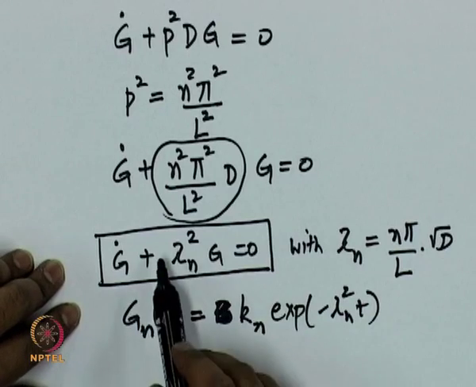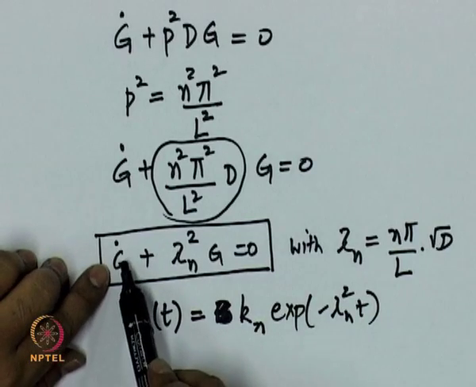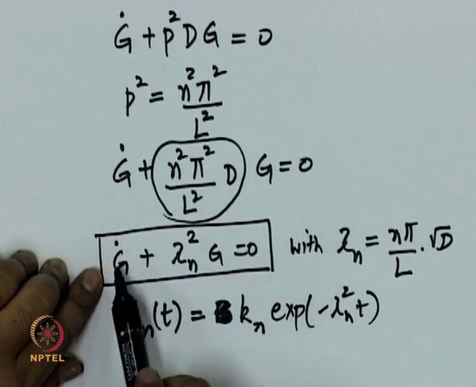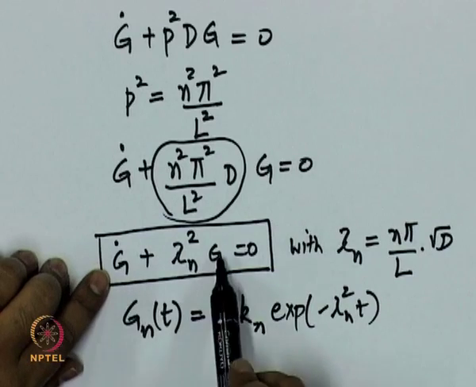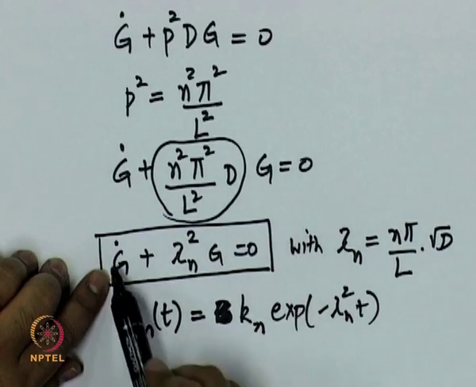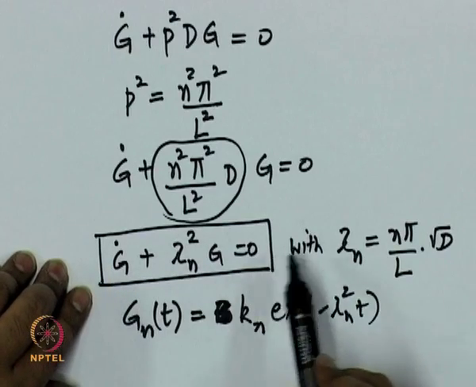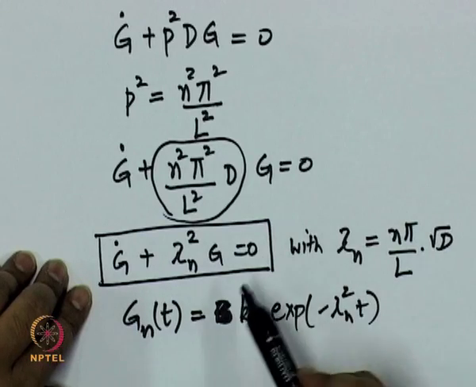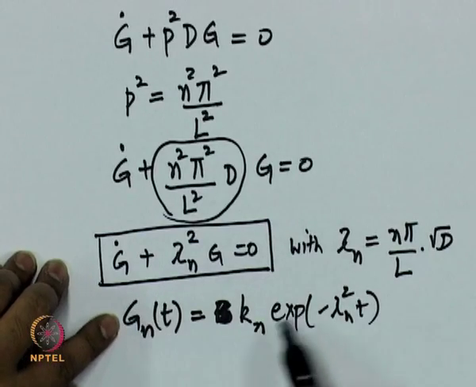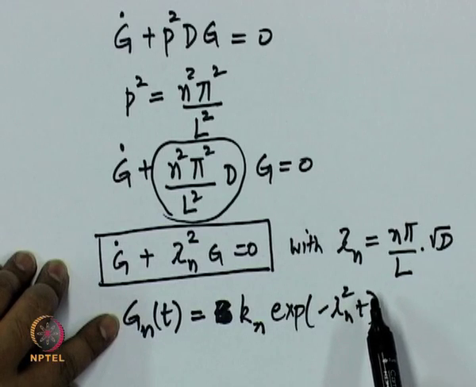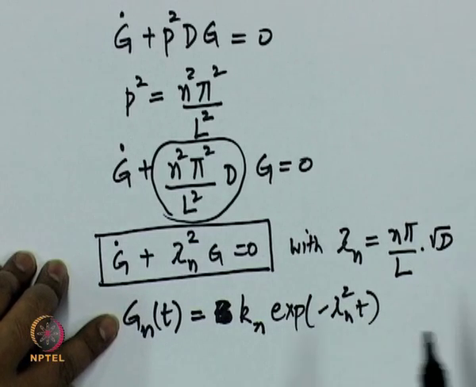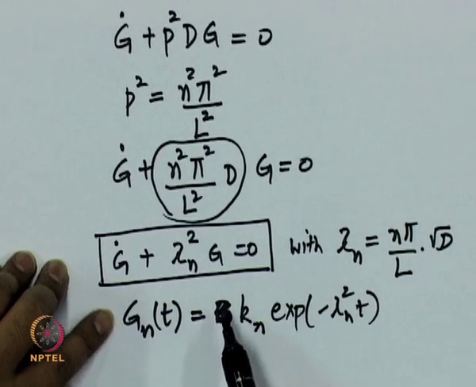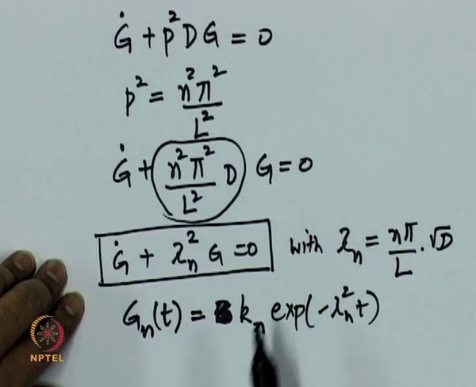This is the solution, because dG by dt plus lambda n squared G equals 0. You take it to the other side, and dG by G will become minus lambda n squared dt, and integrating gives ln G. You exponentiate it, and that gives G n as exponential minus lambda n squared t plus a constant, and if you assume that constant to be the logarithm of k n, it will become k n. So, that is what the solution is.